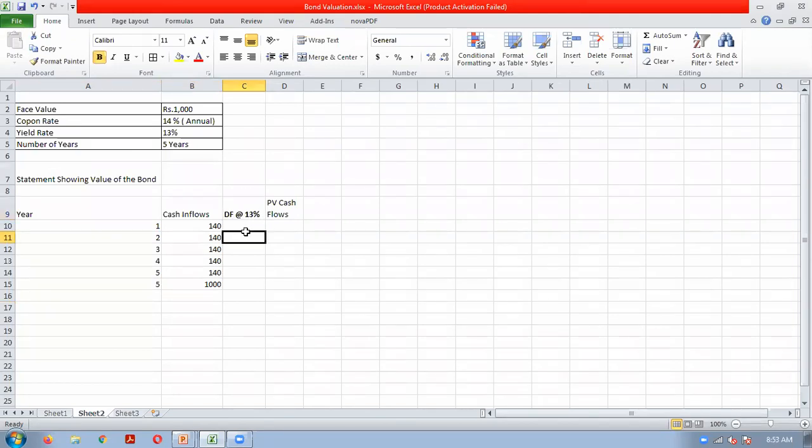13% is the discounting factor. How will you calculate PV factors? Last class we have seen how you will do it: 13 divided by 100 plus 1, divided by, equal to.